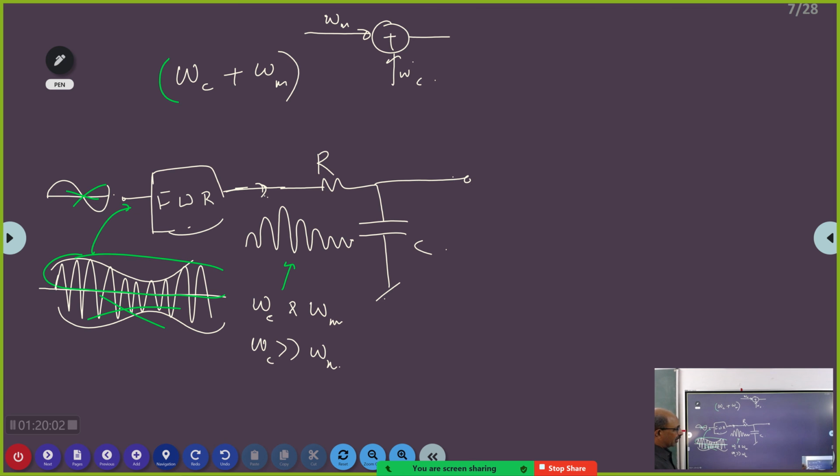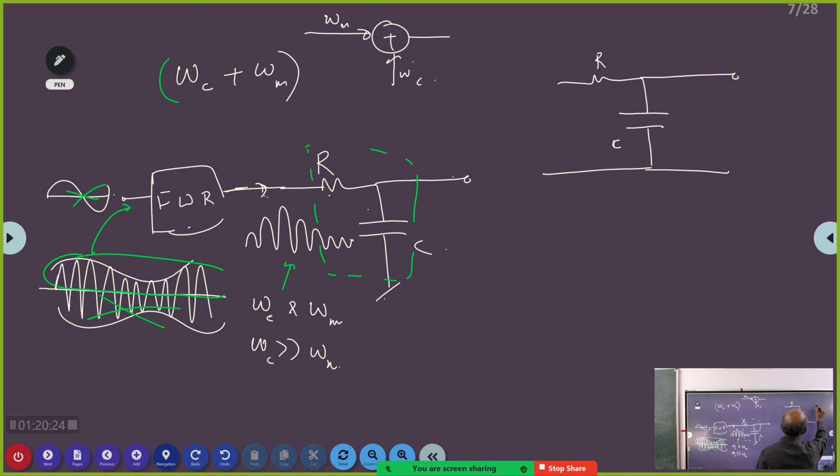Now, see, this is R and C. So if you see this as a system, this is the input and this is the output. Got it?